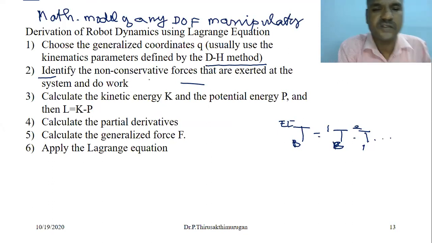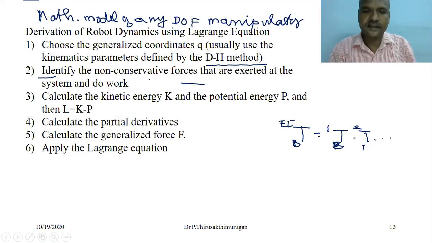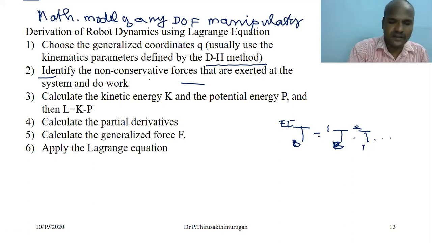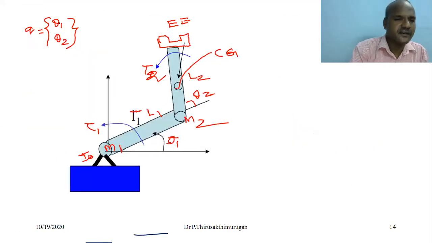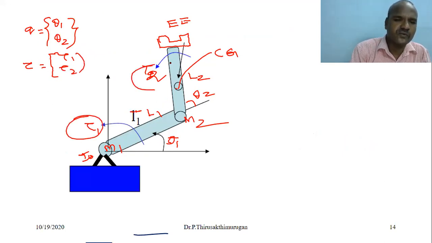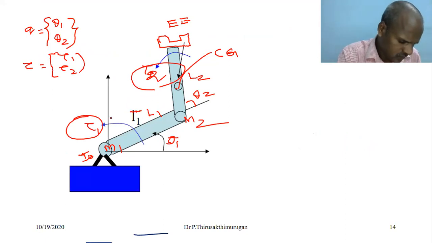Identify the non-conservative forces that are exerted on the system to do work. What are the non-conservative forces? Tau equal to tau 1, tau 2. So these two are non-conservative forces, tau 1 and tau 2.